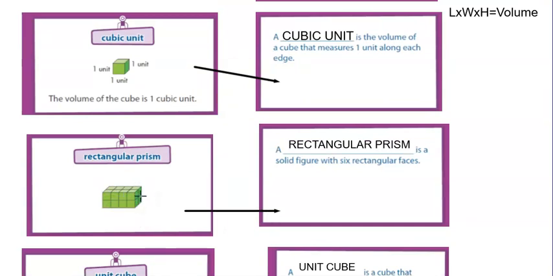A rectangular prism is a solid figure with 6 rectangular faces. It doesn't really matter how long or how tall it is, but it's like if you were to pick up a bigger cube, it's made up of smaller cubes, but it has all those same faces. So 1, 2, the one on the back is 3, 4 on this side, 5 on this side, and then the bottom would be 6.